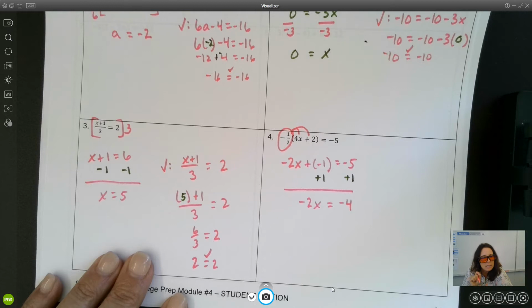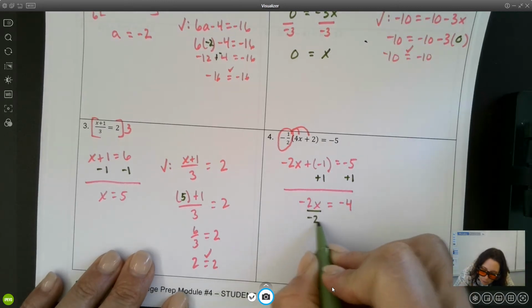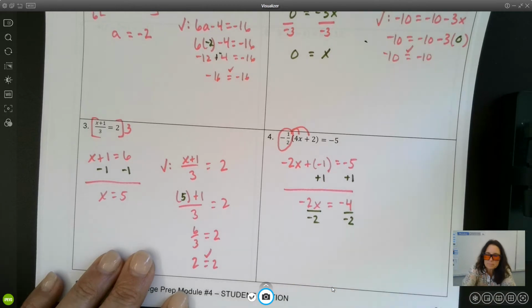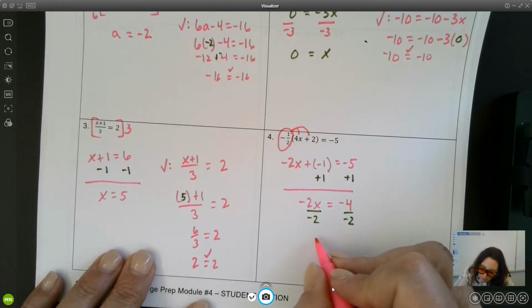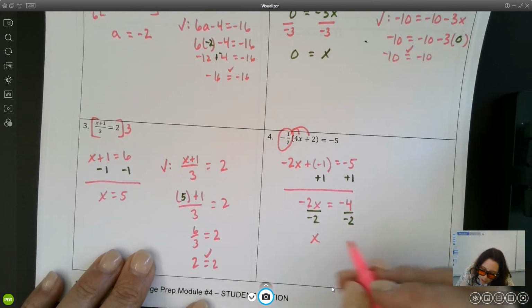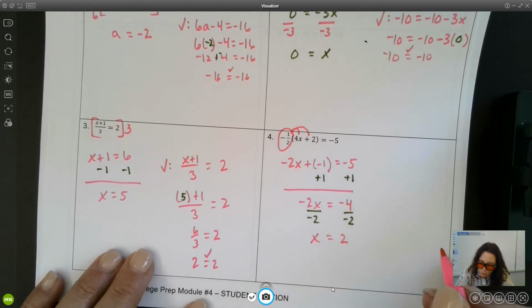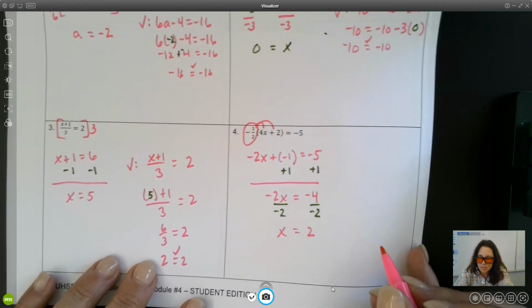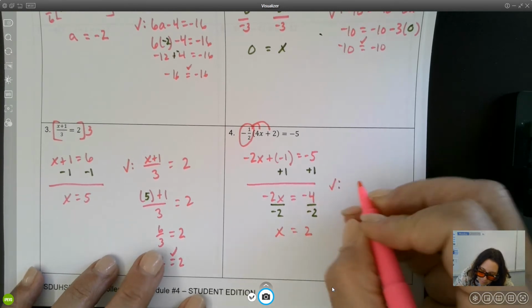Isn't dividing by negative 2 the same thing as multiplying by negative 1/2? Most kids like to write it like that. And then that would be 1x equals positive 2.